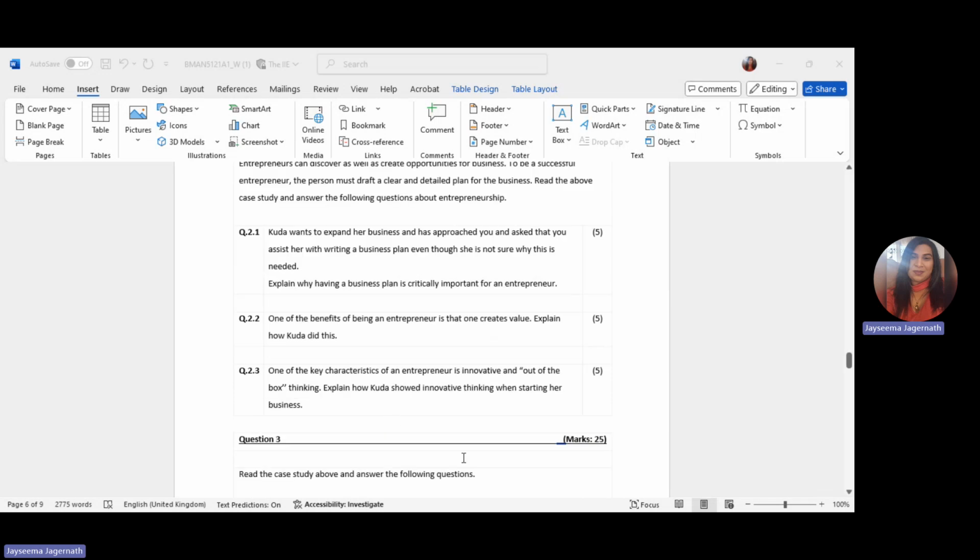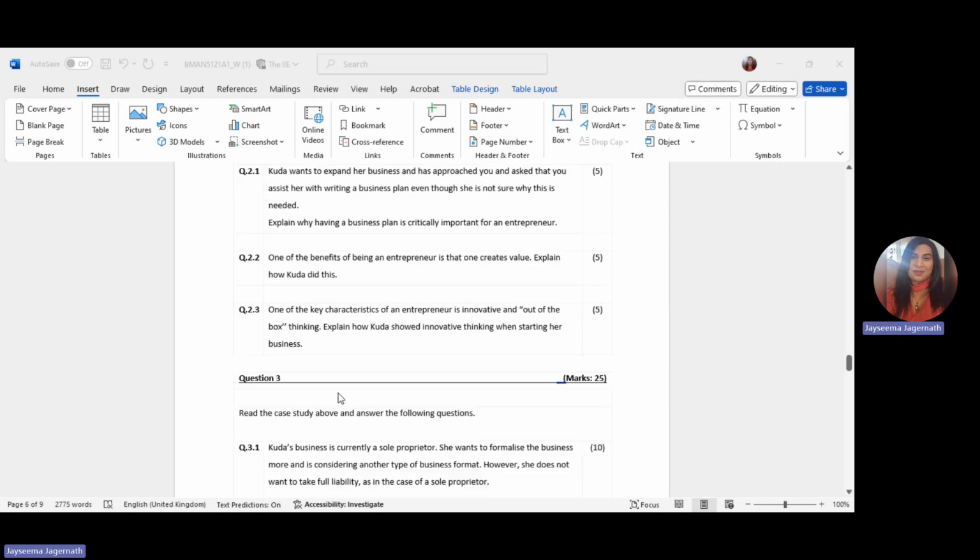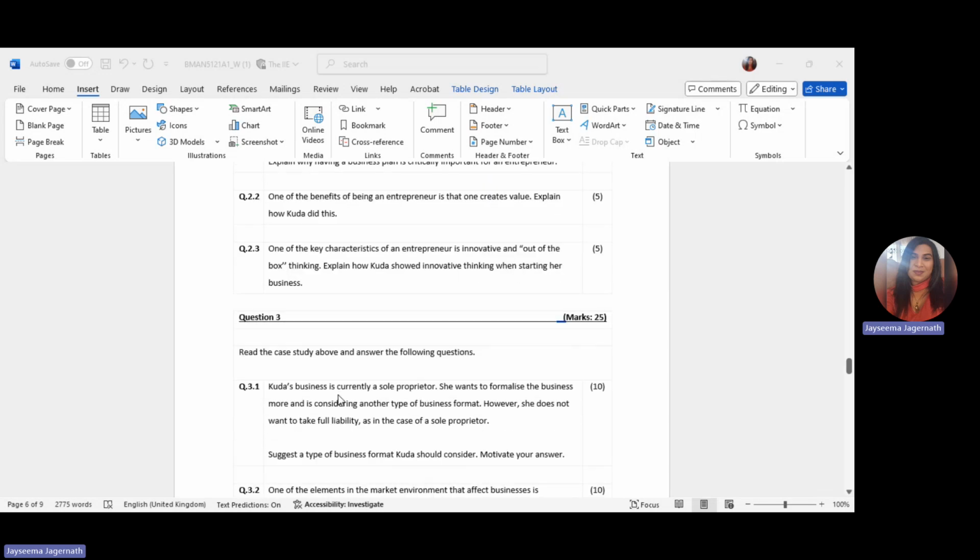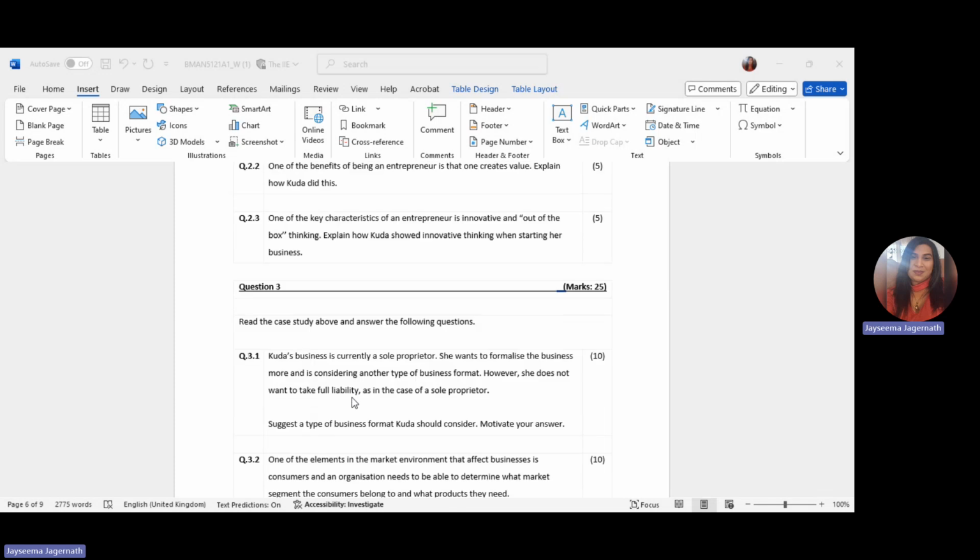And then you also need to remember from Learning Unit 2 that innovation is about creating things and using things in a new way. Again, I'm going to remind you that when you use your textbook as a basis, it cannot be copied and pasted from your textbook, and your assignment is very practical in nature, so you need to take that information and apply it to the case study provided.